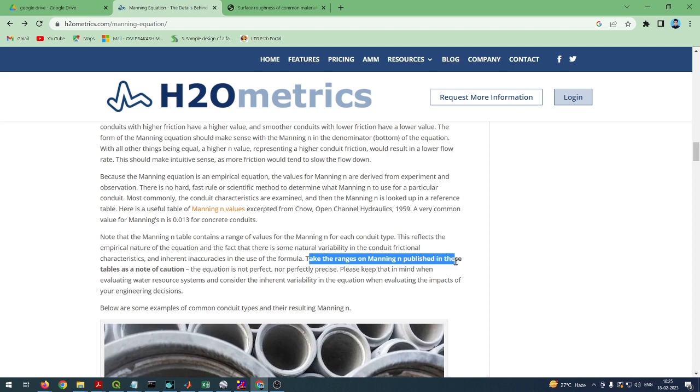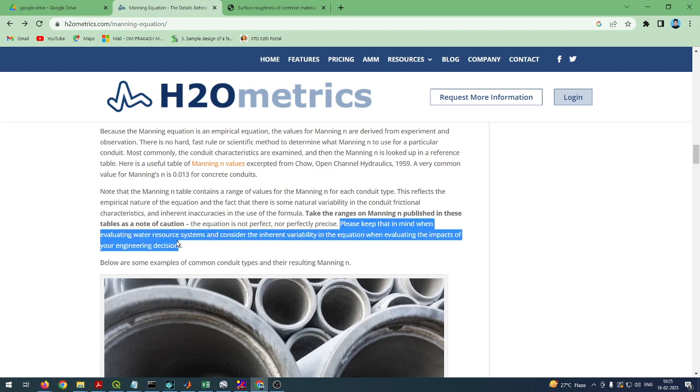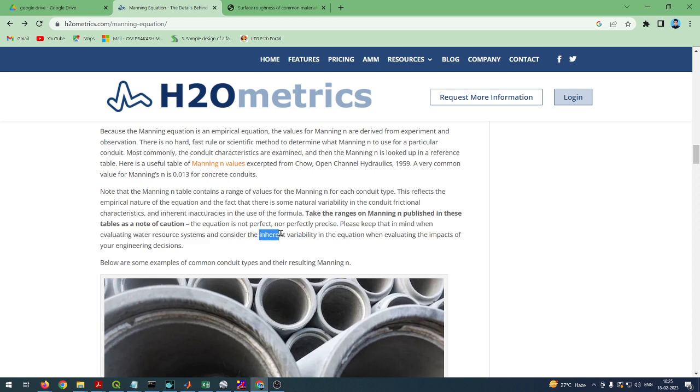Take the range of Manning n published in this table as a note for calculation. The equation is not perfect nor perfectly precise. Please keep that in mind when evaluating water resource systems, and consider the inherent variability in the equation when evaluating the impact of your engineering decisions.